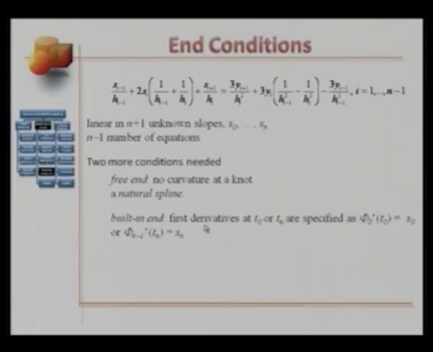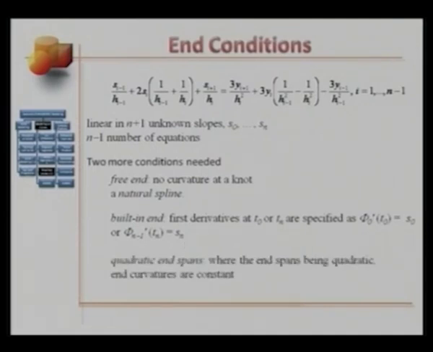The first derivatives at the first knot or the last knot are specified as phi 0 prime of t0 equals S0, or phi n minus 1 prime of tn equals Sn. In other words, slopes S0 and Sn are specified.